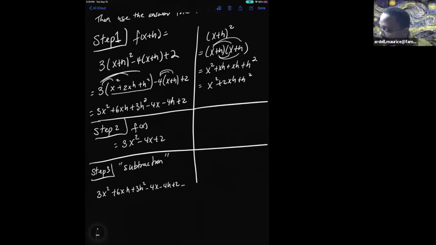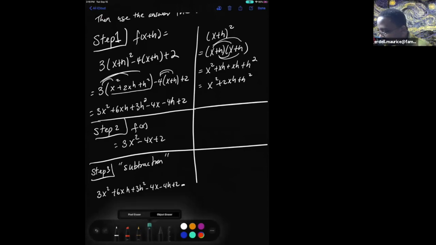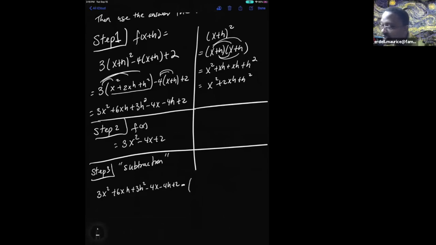And from here, I have to subtract out the answer from step number 2, which is 3x squared minus 4x plus 2. Have I lost anybody?